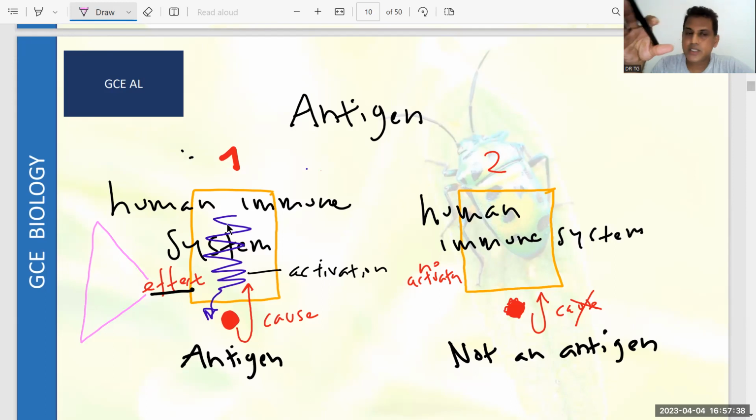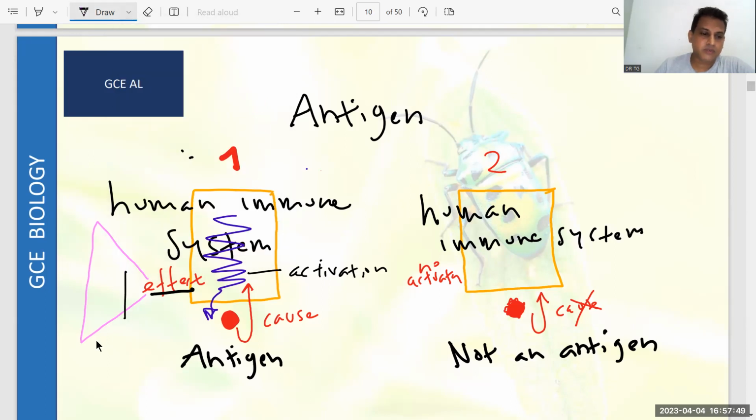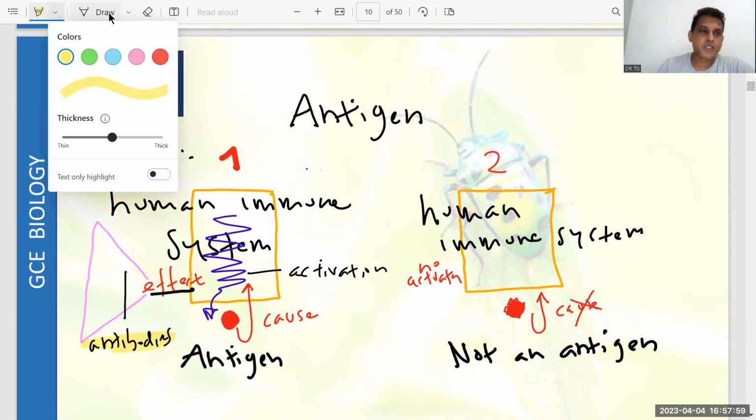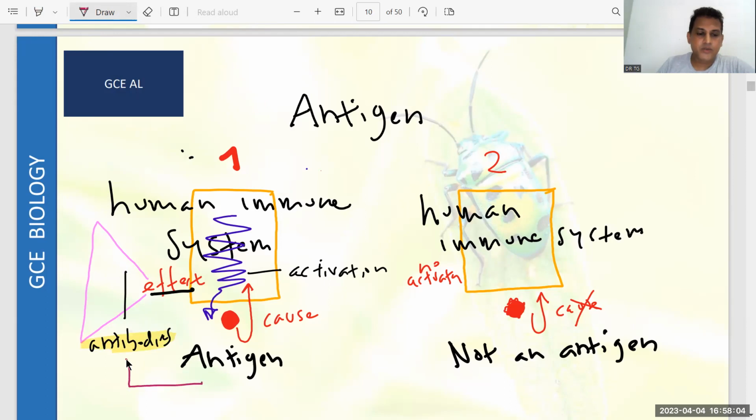One component of activation is production of a special group of protein called antibodies. Because this antibody helps to fight with this antigen, helps to remove the antigen.